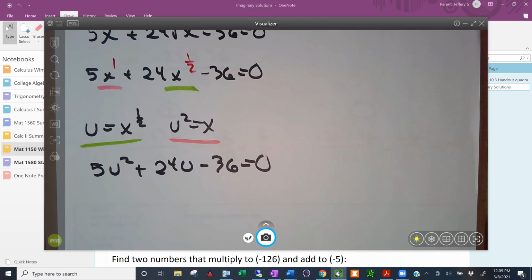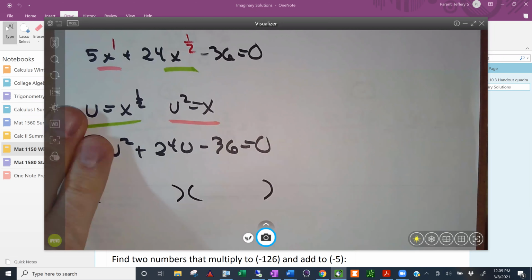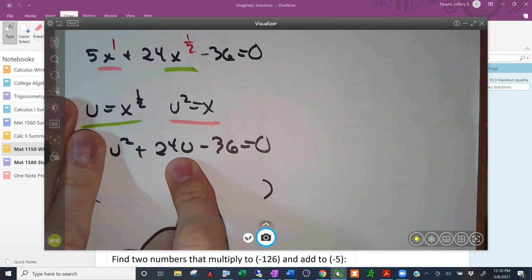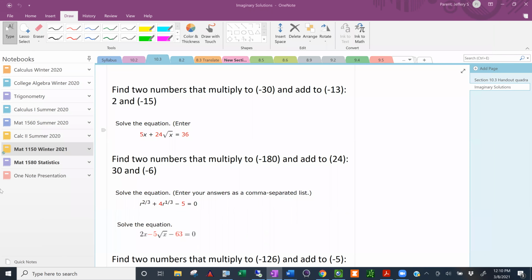Now, factoring this isn't necessarily a very easy thing for most of us, because it would be easier if I had just a u squared here, and I could look for 2 numbers that multiply to -36 and add to 24. Because I've got a 5 there, it becomes much more challenging. You have to do the AC method. That's when you multiply the outside numbers.